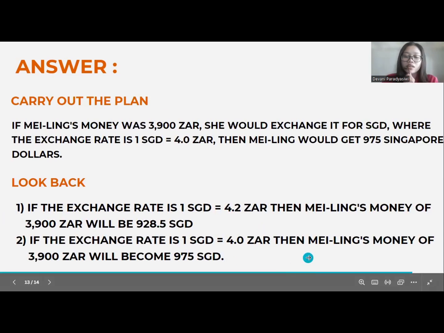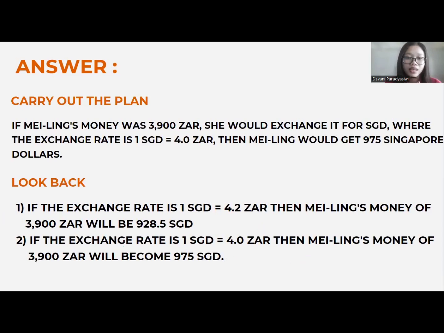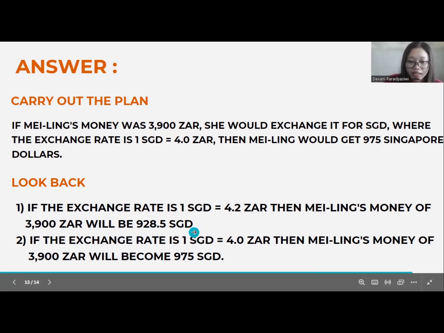Mei-Ling's money was 3,900 ZAR. She exchanged it for SGD at the new exchange rate, so Mei-Ling gets 975 Singapore dollars. The conclusion is: if the exchange rate is 1 SGD equal to 4.2 ZAR, then Mei-Ling's 3,900 ZAR will become 928.5 SGD.